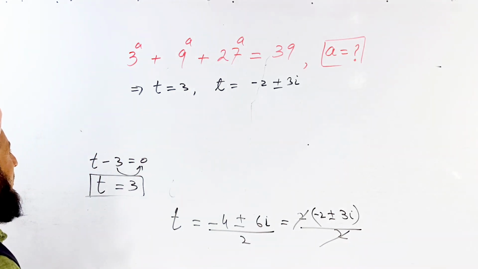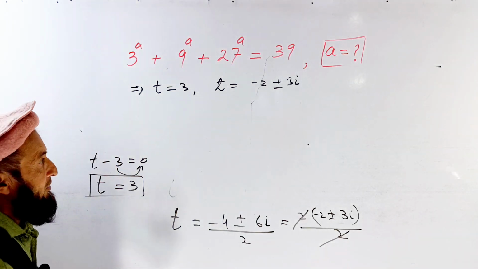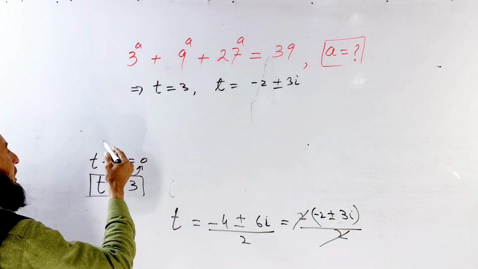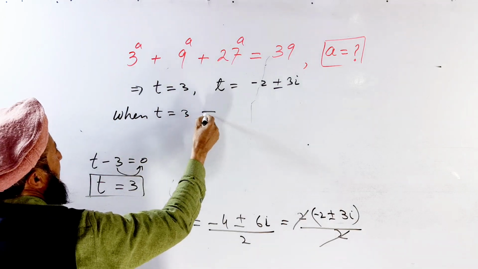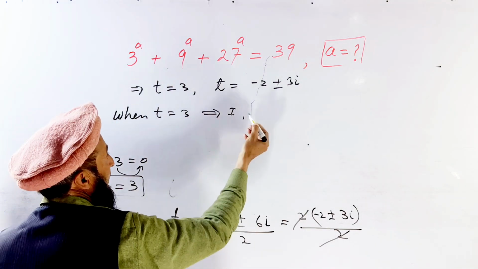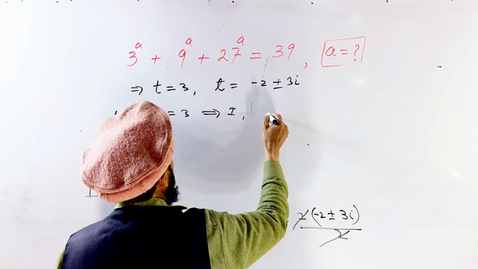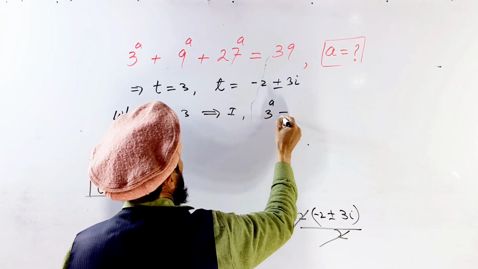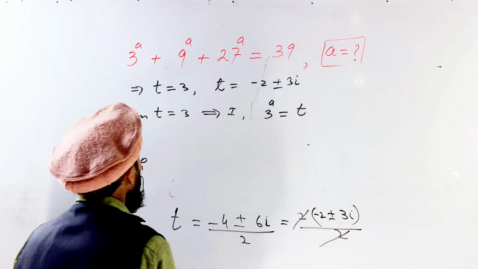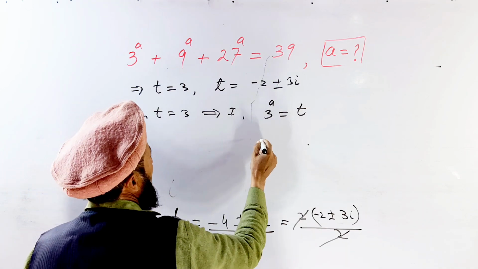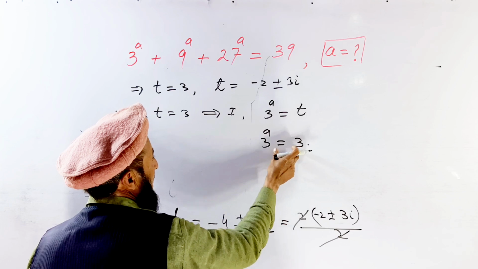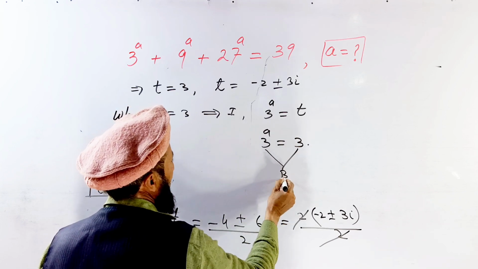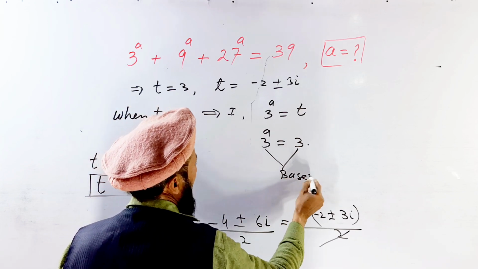Hence we have already taken a supposition. We put these results in. When t is equal to 3, then equation 1 becomes 3 power a is equal to t, that is 3 power a is equal to 3, so the bases are same.